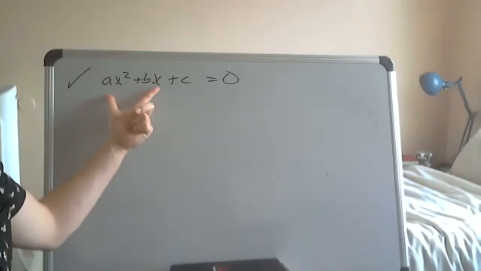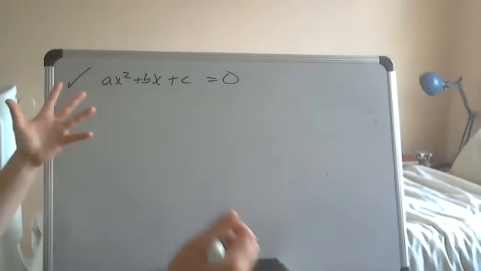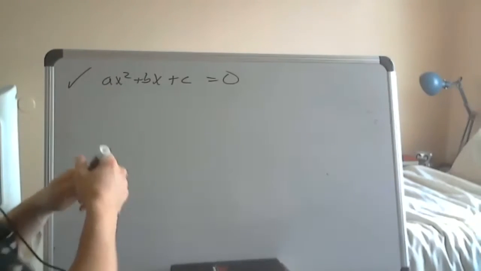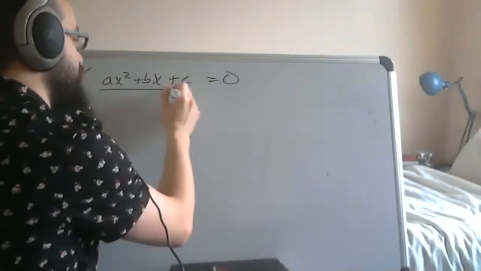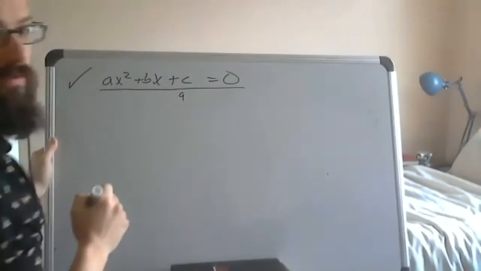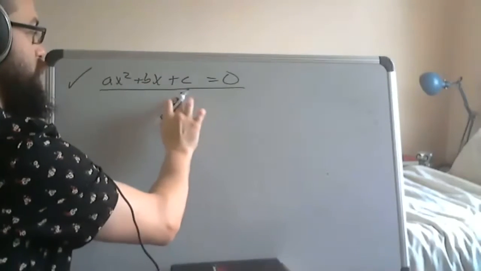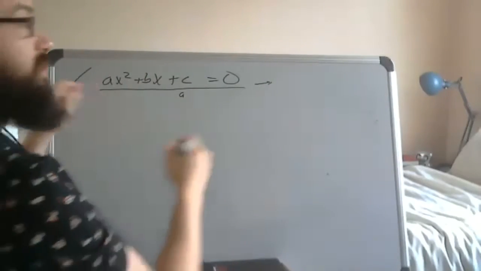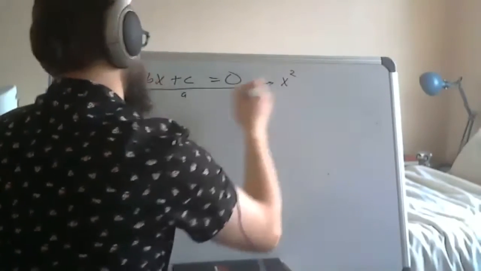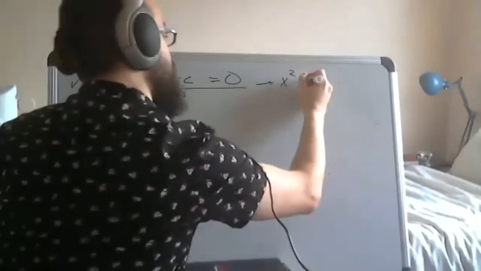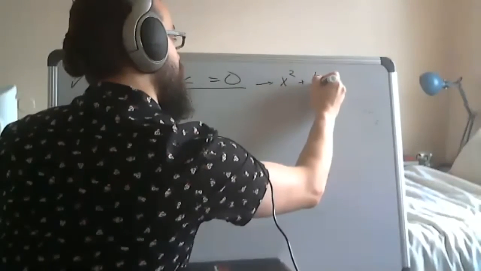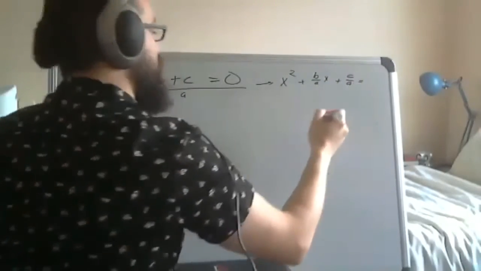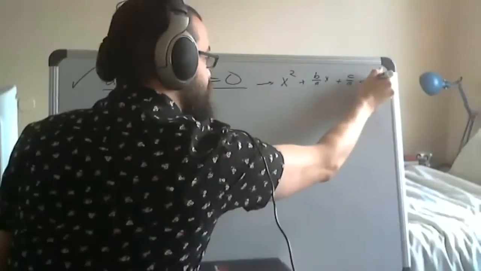Now let's say we want to complete the square on this. Well, first thing we need is we need this to be a 1. So I'm going to divide all the way through by A. What that gives us right here is just an x squared, plus B over A x plus C over A equals 0 divided by A, which is 0.